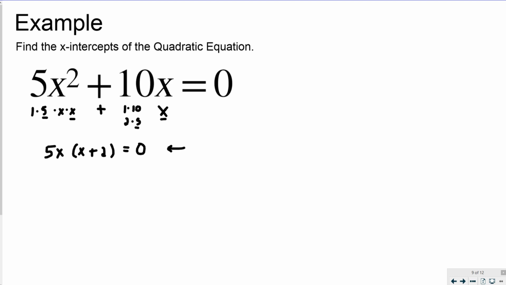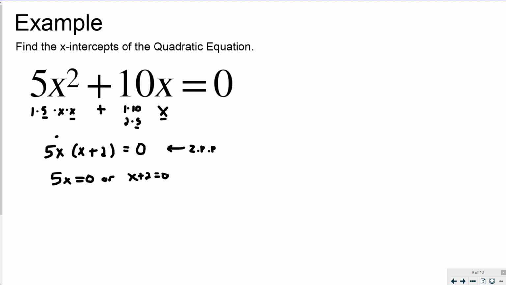It's at this stage now that I could use the zero product property to break this apart into two equations. 5x equals 0, or x plus 2 equals 0.